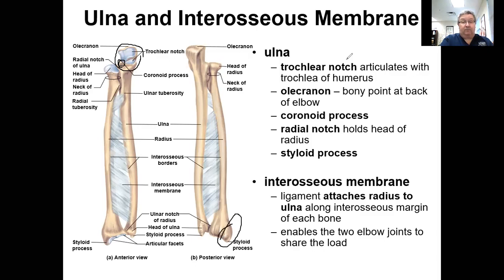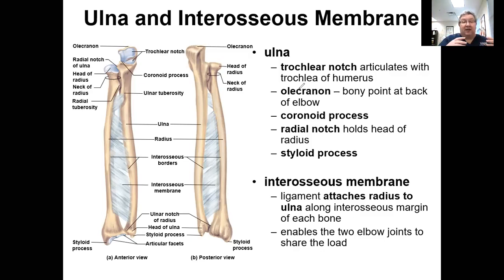Now you'll notice in between these bones is a membrane, the interosseous membrane. It has a couple of jobs, and we'll talk about those when we get to kinesiology. It connects the two bones, and it allows forces to be transferred.